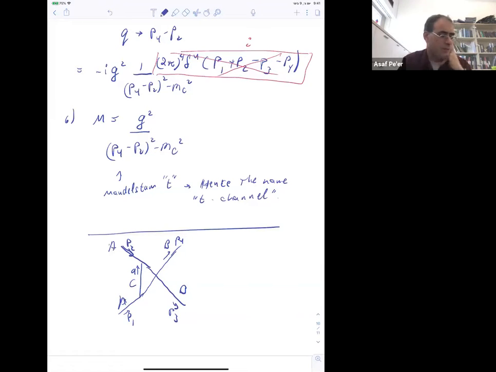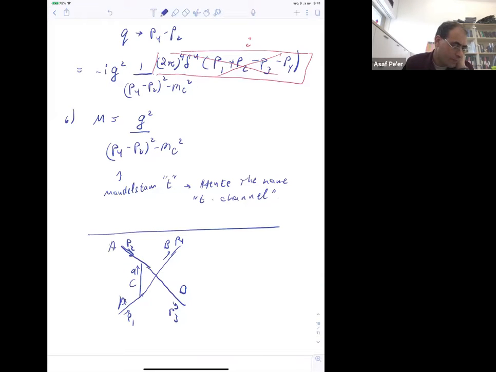Okay, so what about this channel, the U channel? It's the same order. It also would be of the order of G squared. The only difference is that I just twisted the B lines, because I said B particles are indistinguishable, they are the same particles.